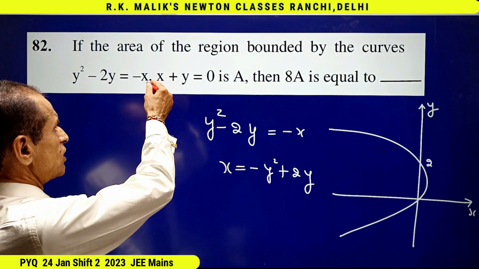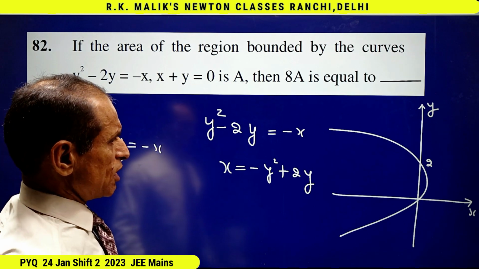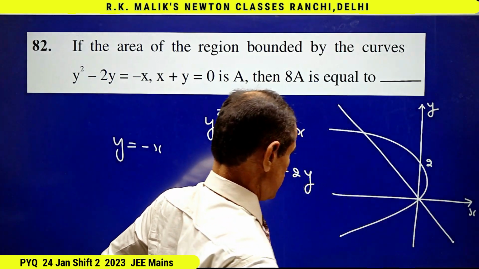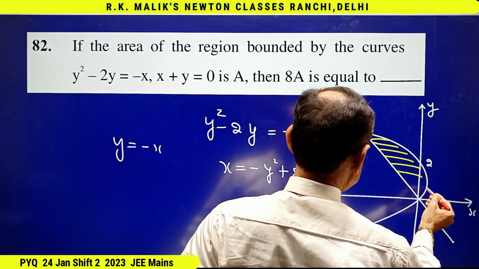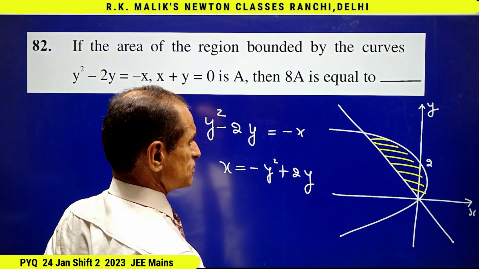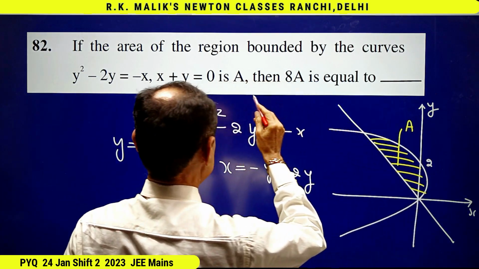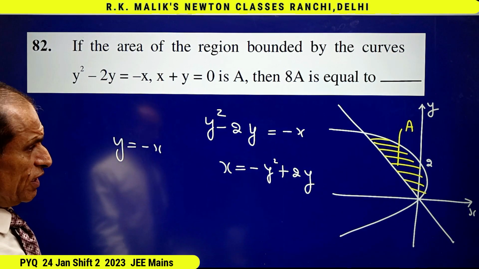And it is also clear that this means y equal to minus x. The graph of y equal to minus x will be this line, and because this is the region bounded by this curve and this curve, hence I can say this area is A, because the area bounded is given as A, and we have to find the value of 8A.